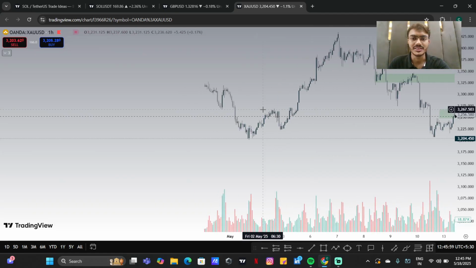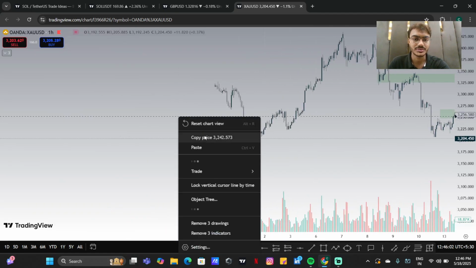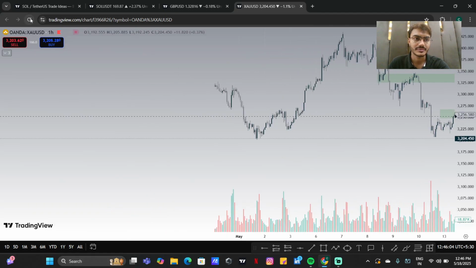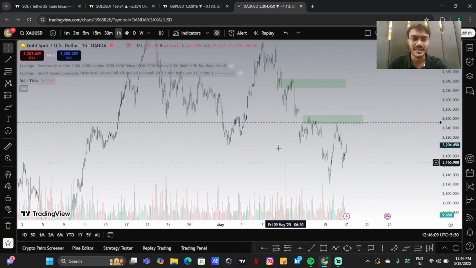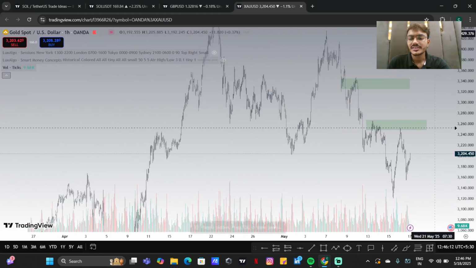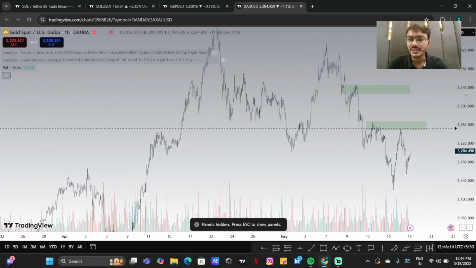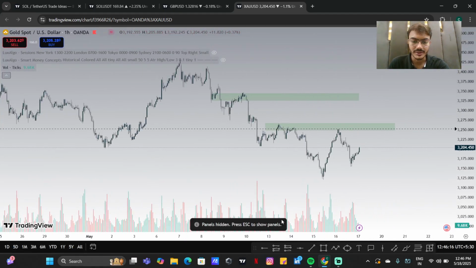So here it is, and all I can see is some loading history. Yep, here it is, and let's take a higher time frame. Let's see on better values.